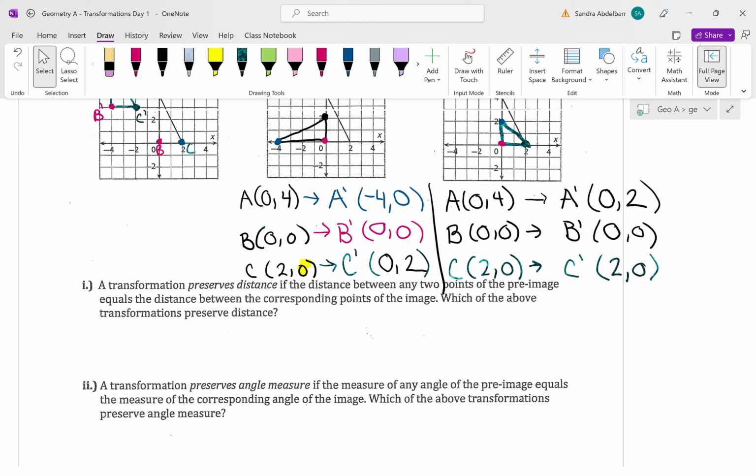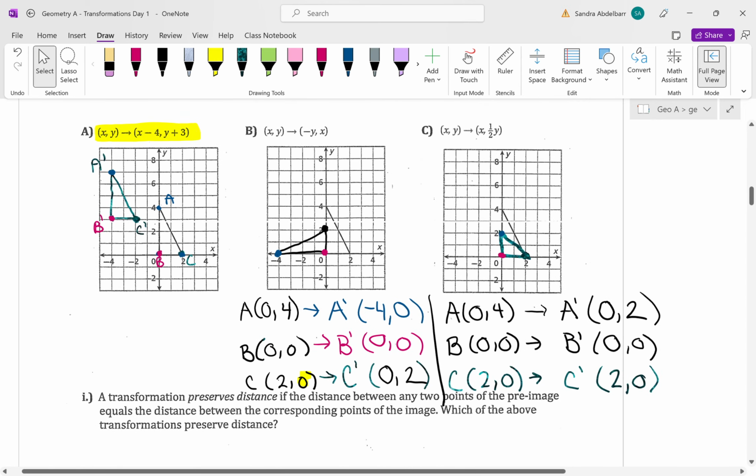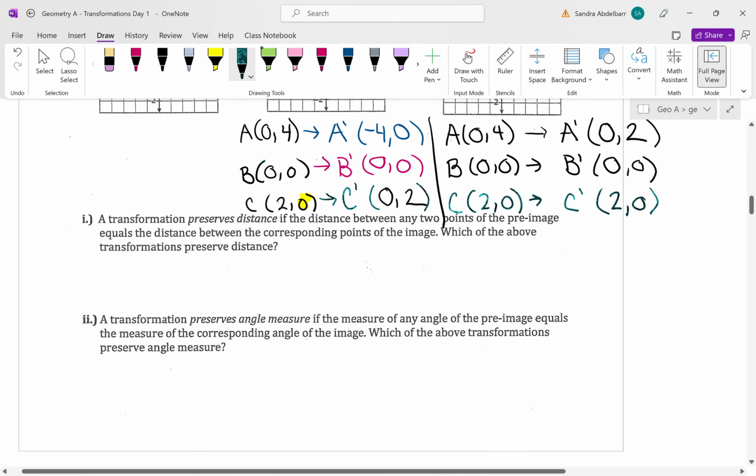It preserves distance if your pre-image and your image are congruent. So out of A, B, and C, which, if any, preserve distance? A and B, very good, Simon. A and B preserve distance, meaning your pre-image and your image are congruent.